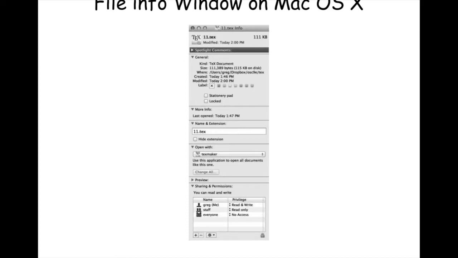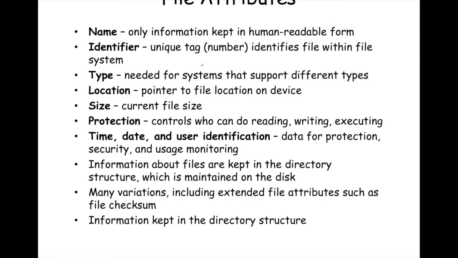If you direct your attention to the bottom part of this interface, you'll see some names of people and groups, and they have privileges, the operations they can perform. You also see things like the location of the file in the directory structure. You see the size of the file, and you see the type of the file. So this is just a graphical depiction of some of that same file attribute information we talked about.